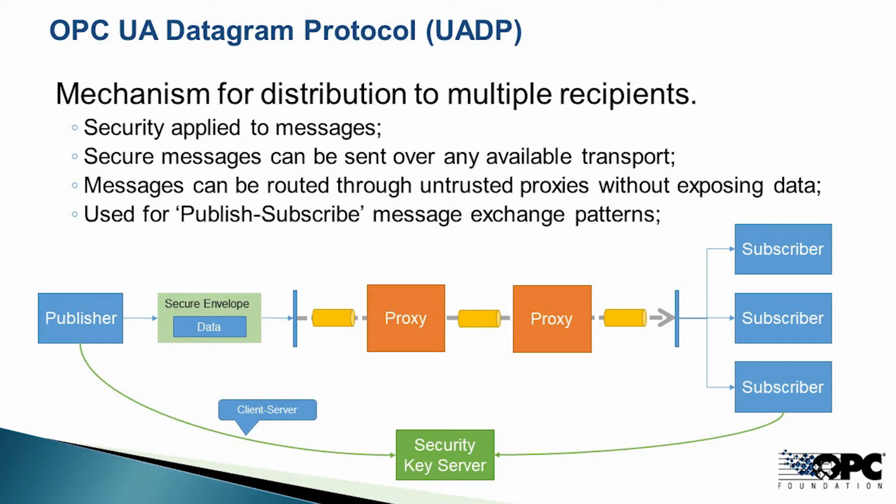So we take the infrastructure that we've already developed for client-server, we use it to distribute keys that now enable the publish-subscribe process. And again, in the same way, the messages are secured, and they can be delivered over, routed through any number of untrusted proxies to get to their ultimate destination.